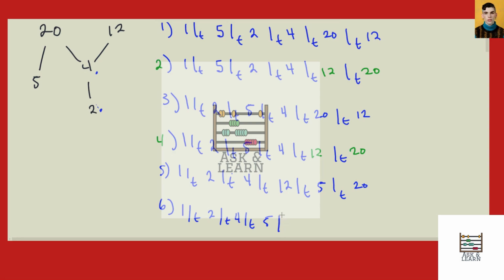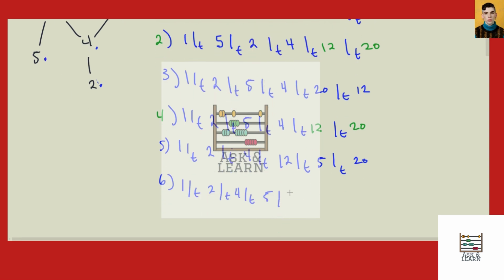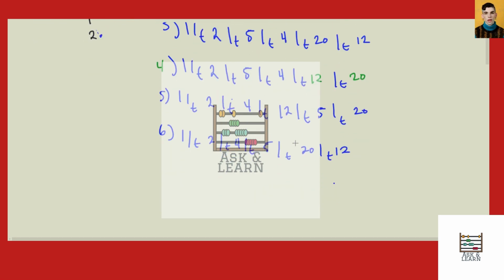And then at this point, we could either go 20 or 12. Let's just go 20. And lastly, we can go 12. So that gets all of them. And then just like we did before, we can just flip those last 2 and save us a little bit of time.